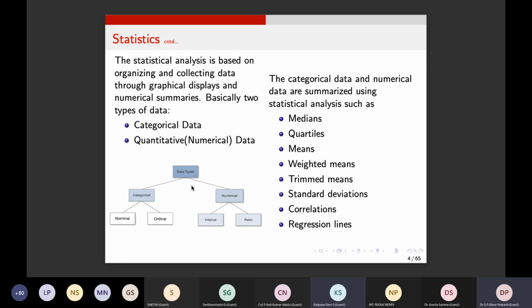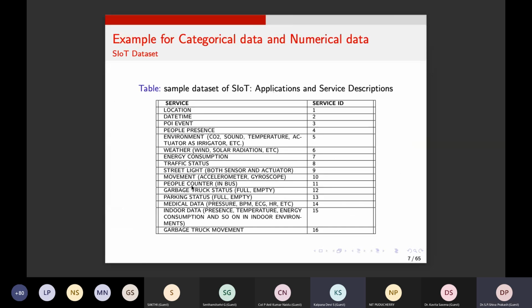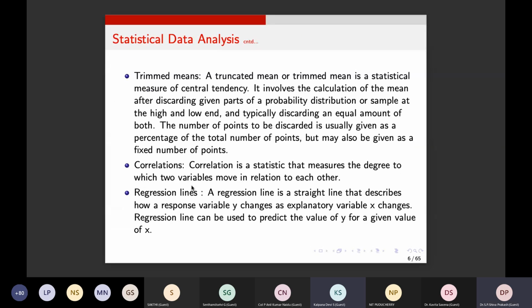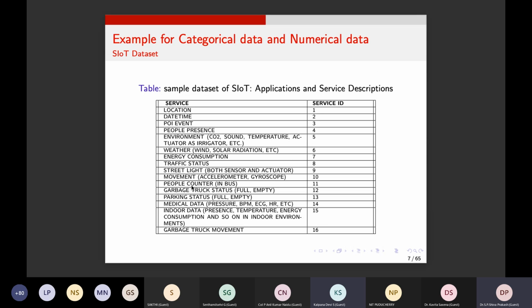Okay, it's a straight line basically that describes how a response variable y changes as an explanatory variable x changes. So that's what this says. In fact, through regression lines, it can be used to predict the value of y for a given x, right?